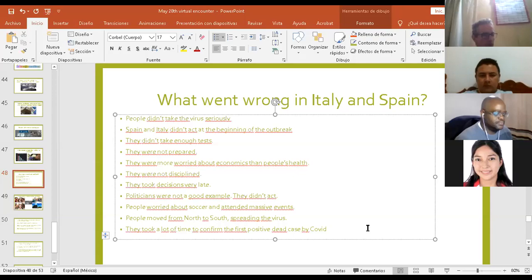They thought it was not going to kill that amount of people and that fast. They knew it, and 3 weeks later, they were even attending massive events, as Juan Pablo mentioned. So they didn't believe it. As the subtitle of the text says, they were very optimistic and overconfident about it. Any other?